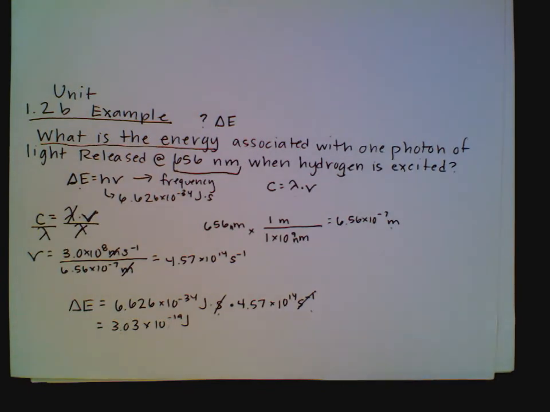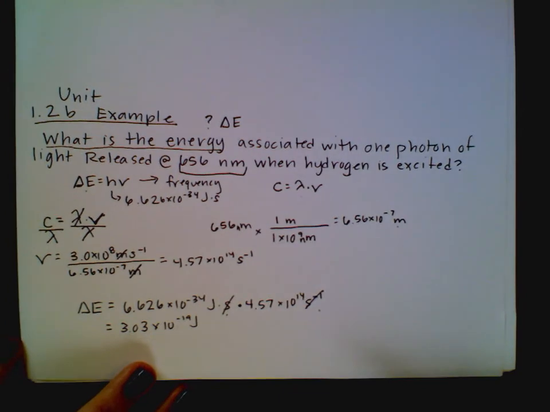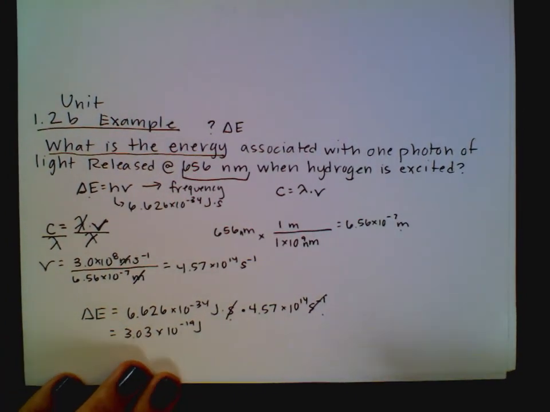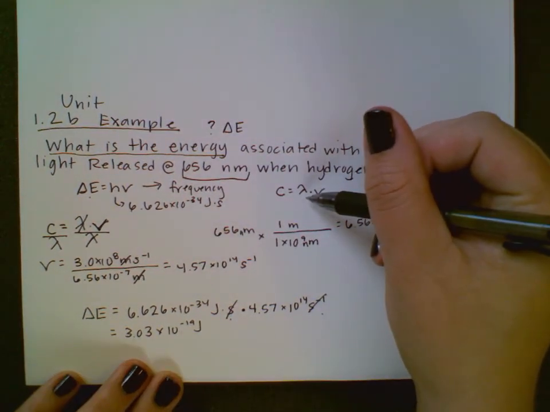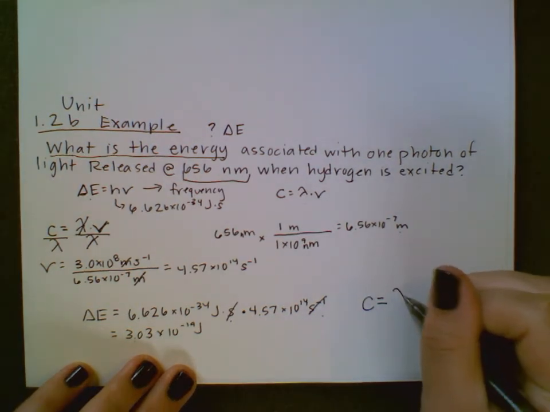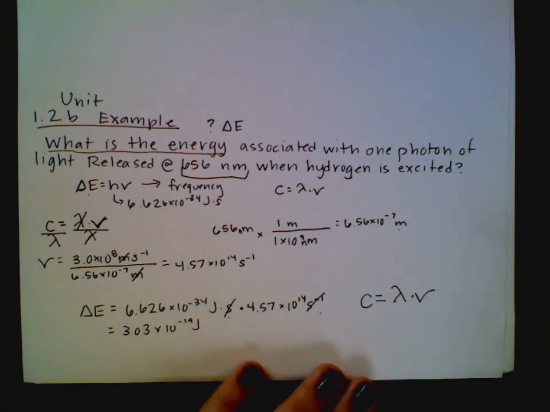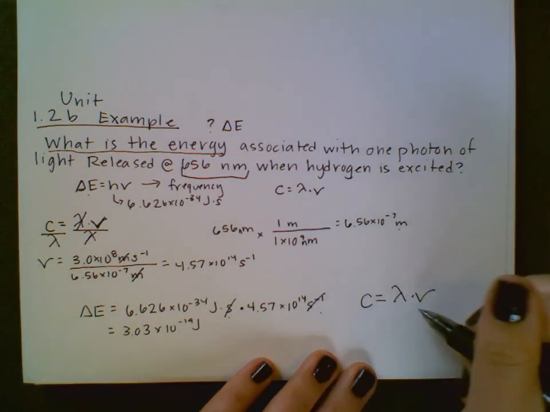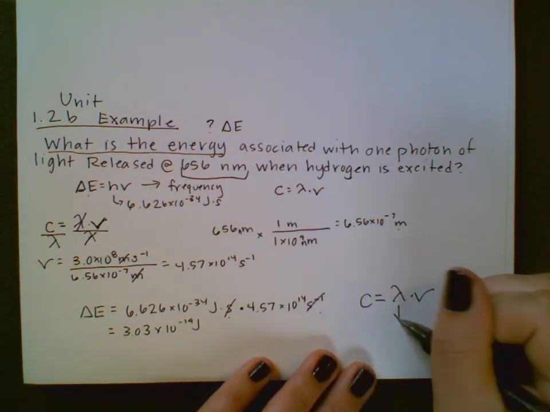The next part of the question was asking if the green light would have a higher energy or a lower energy. So if you think about it, green light has a wavelength that is smaller. If we're comparing red to green, green has a wavelength that is smaller.